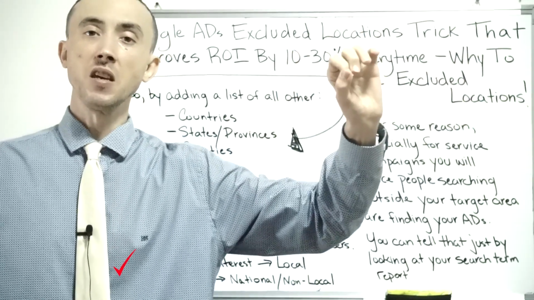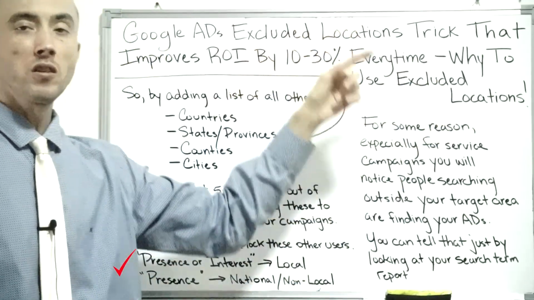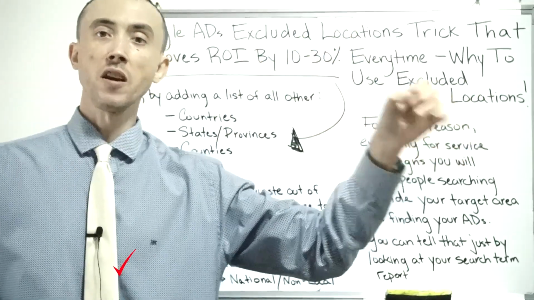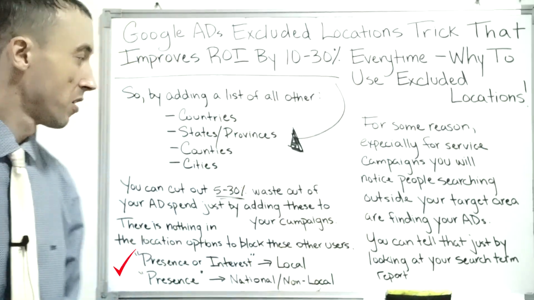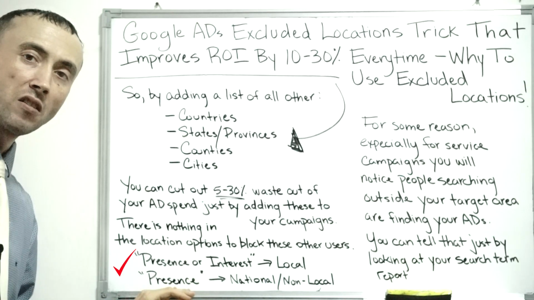Even though the positive or included location just says San Francisco, it'll show up for that person anyway. So you may just say, well, I only want to do presence then, right?